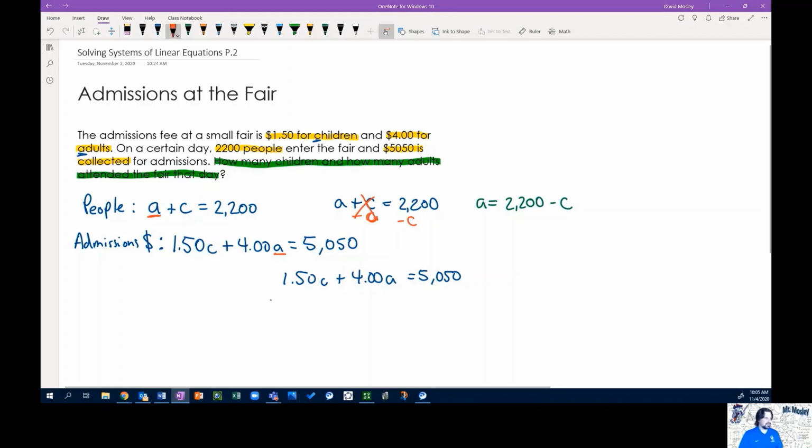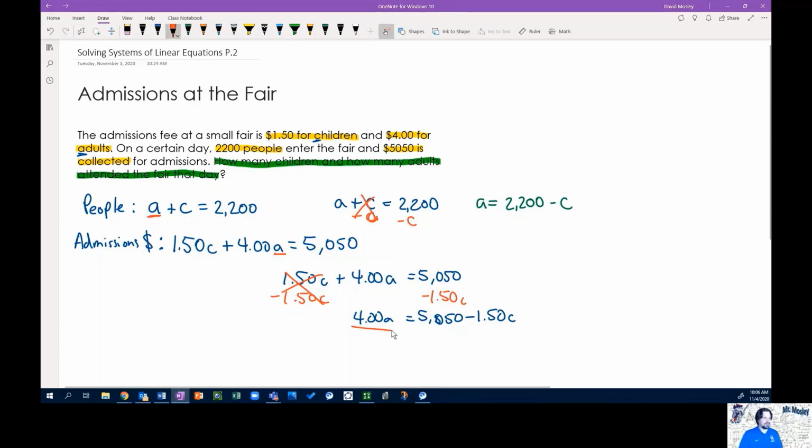I'm going to start by subtracting 1.5C, taking the whole thing. That goes away. On the left-hand side, I'm left with 4A equals 5,050 minus 1.50C.